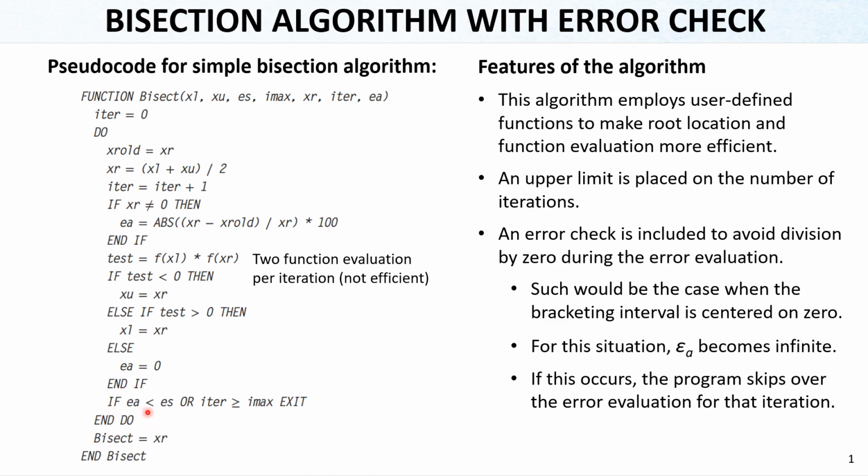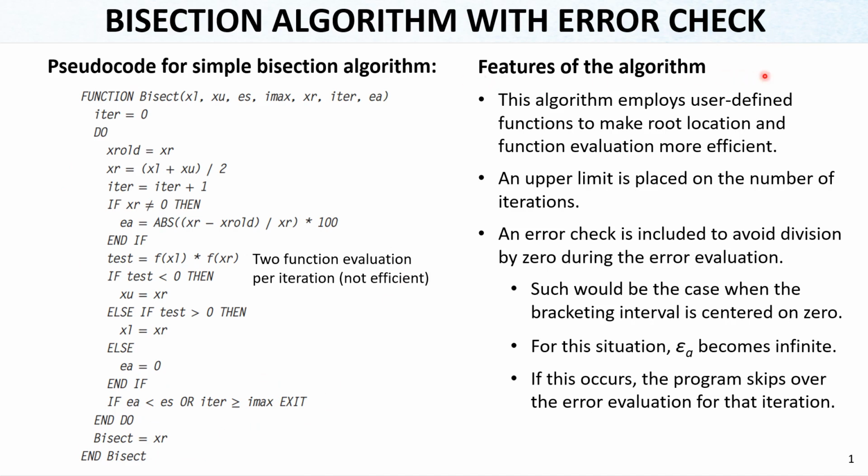And if the approximated error is less than this predefined ES value, or the iteration is greater than the Imax value, the maximum iteration, then we finish. And finally, we obtain the bisection value as the XR value. So this is a simple algorithm.